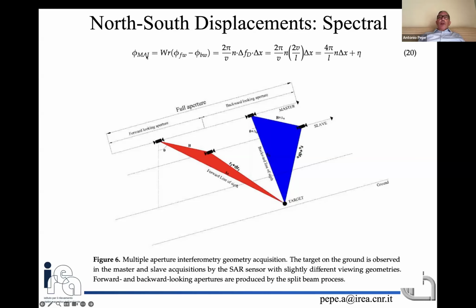So using multiple aperture interferometry, we can recover delta x. So we can recover the azimuth displacement that is normally not recoverable using simply the InSAR approaches.